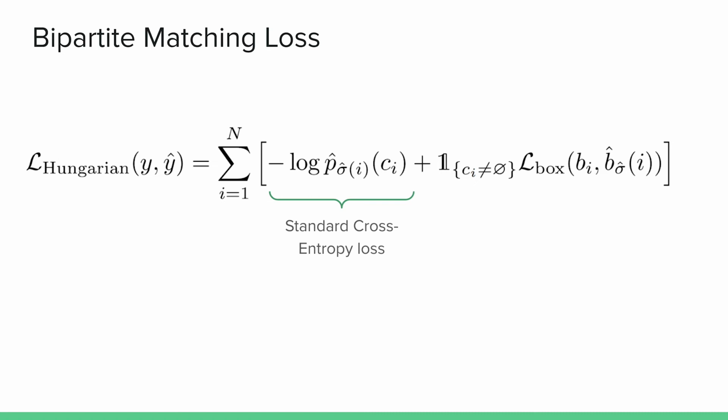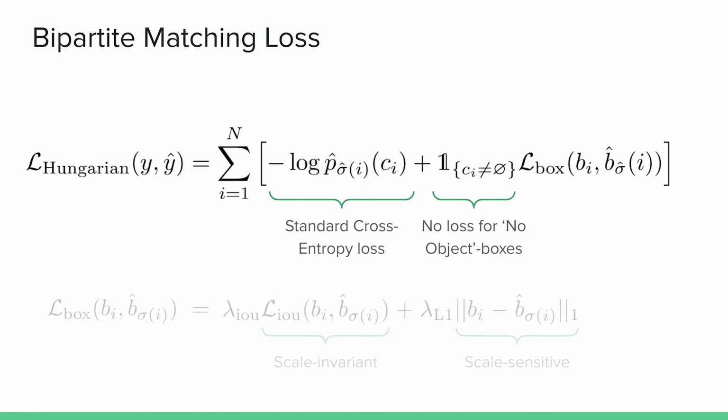The second part is the loss for the bounding box, with an additional toggle where we say if an object is of the type no object, because we padded our set, then we don't want to generate any loss. So we have this additional multiplier that disables the loss computation for all those boxes.